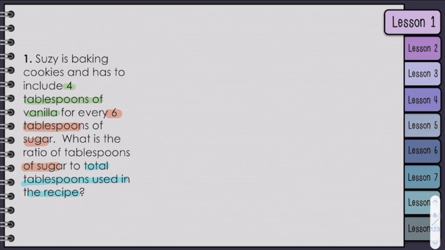So if you noticed, I highlighted things that were similar. So sugar was highlighted in the same colors, and then vanilla was highlighted in another color, and then total tablespoons used in the recipe was another, because those are the 3 different numbers that you need.